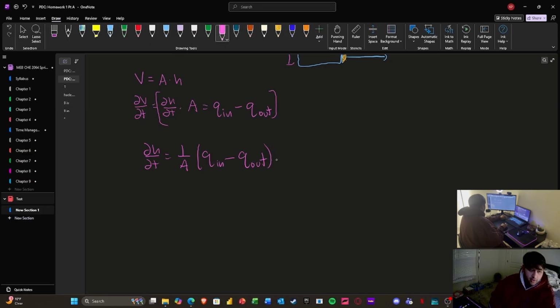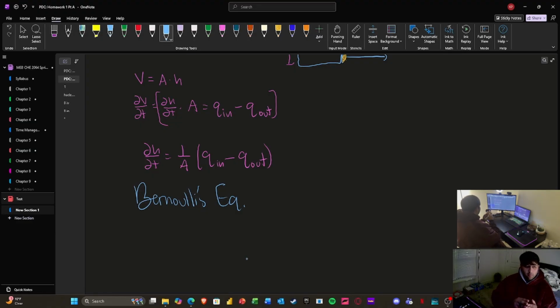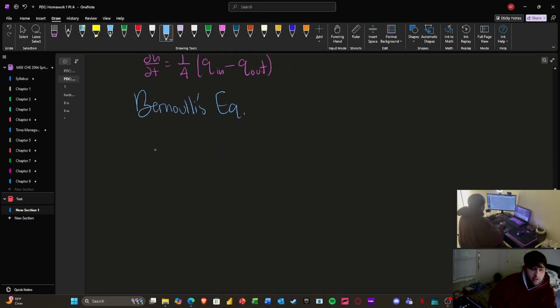But what we do want to know is this outlet, and how we can figure that out is with Bernoulli's equation. Essentially what we're doing is relating the pressure to the height to the velocity. So let's start by writing out the equation we're going to be using. We'll use a different color.